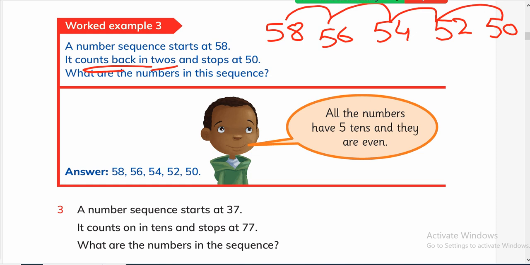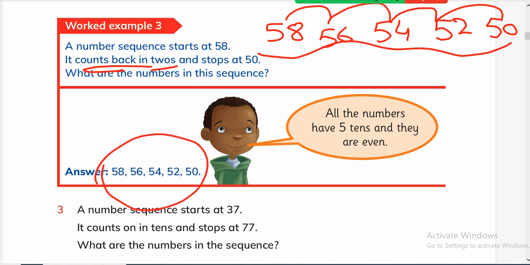These are the numbers in the sequence. All the numbers have 5 tens and they are even. Yes, it is true that all these numbers are even because they started with an even number and made jumps in twos. So the answer would definitely be an even number and they have 5 tens.